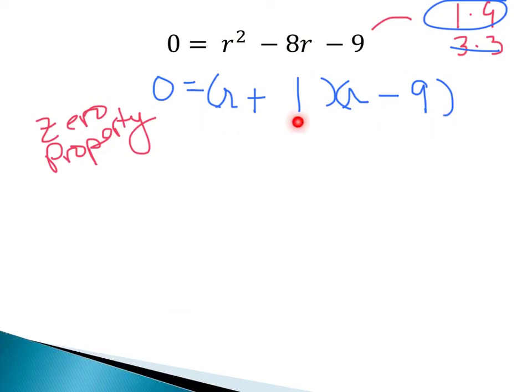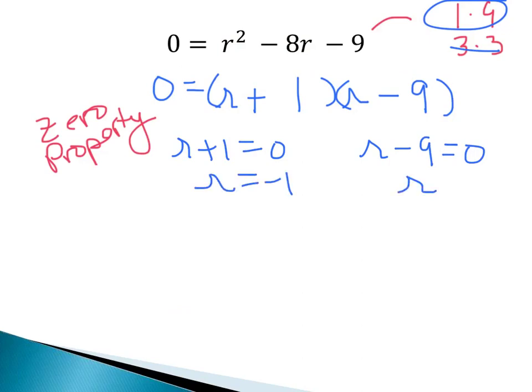This is a binomial, and a binomial. Well, let's set them each equal to 0. R plus 1 equals 0. R minus 9 equals 0. Subtract 1 here. R equals negative 1. And on the right, add 9. And again, if you'd like, you can indicate what's happening at each step, or you could actually write it out and take more room.